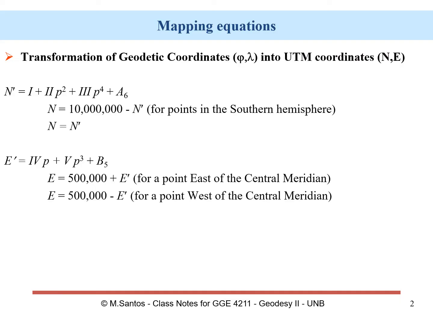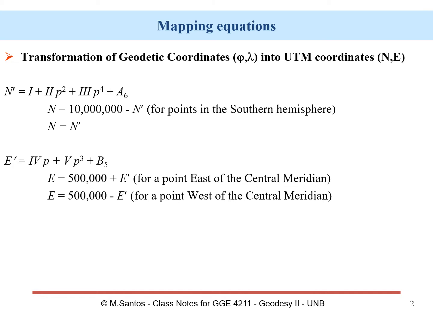I'm going to make use of a formulation that is spelled out by the US Mapping Service. And here we have the transformation from geodetic coordinates to UTM. So we know the geodetic coordinates of a point, and we're going to compute the UTM coordinates.